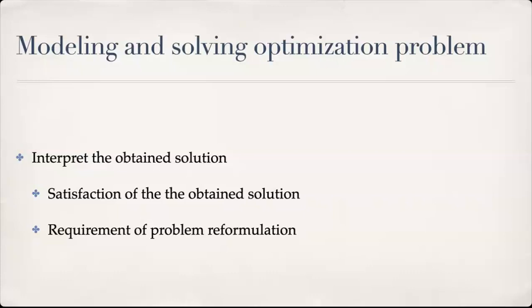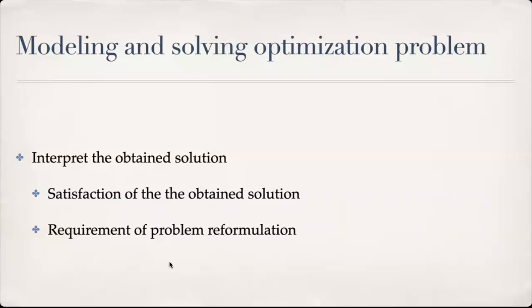Because during the course of problem formulation, we assume something, and because we need to represent the problem in an efficient form. So once you obtain the solution, it's only the solution of the formulated optimization problem, okay?